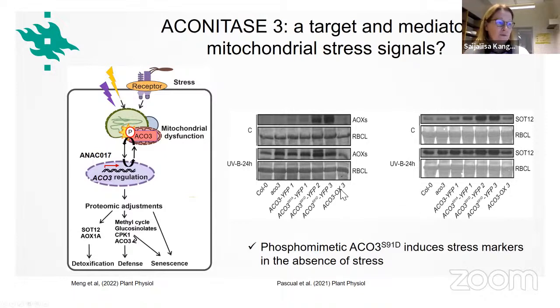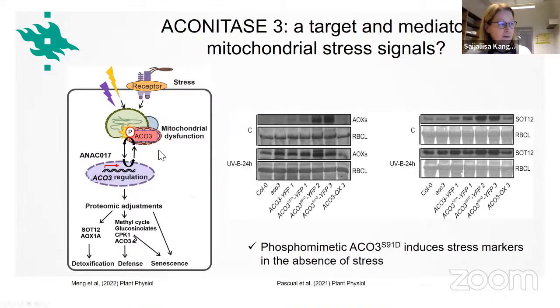Because what was clear was that these phosphomimetic versions, so the lines that are expressing the aspartic acid phosphomimetic version of the aconitase, were inducing these kind of mitochondrial dysfunction response markers already in the absence of stress. So these are just immunoblots showing that both the alternative oxidase abundance and sulfotransferase 12 abundance, so the marker protein abundance, increases in these phosphomimetic lines.